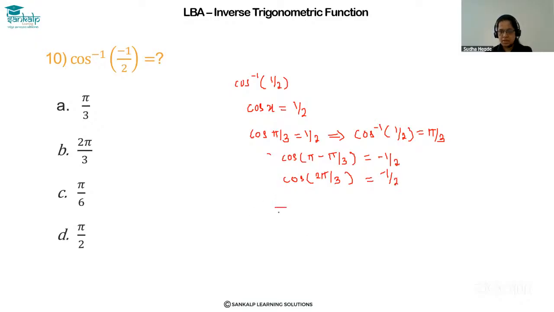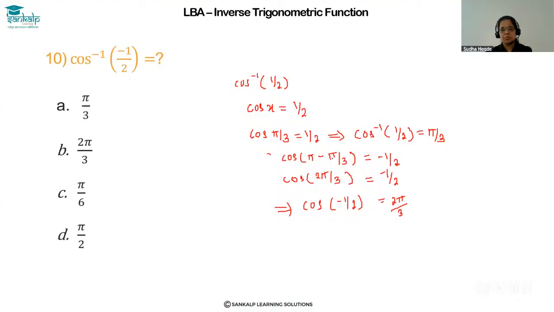That implies cos inverse minus 1 by 2 is equal to 2 pi by 3. So, depending on the quadrant, you have to decide positive and negative. In the second quadrant, cos is negative, therefore you are taking pi minus pi by 3.